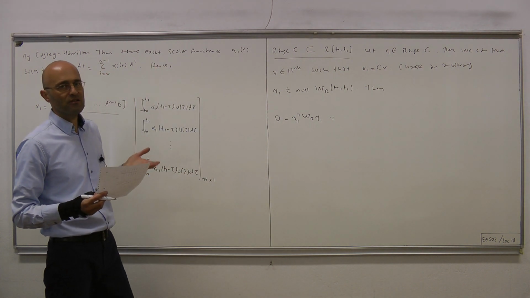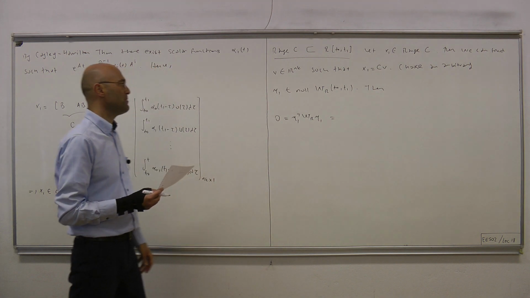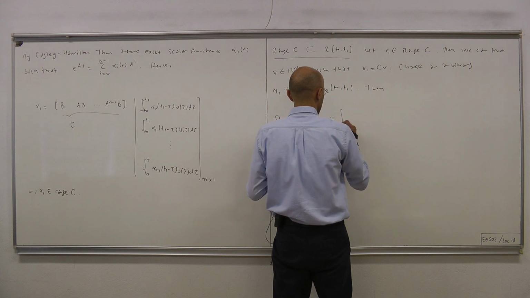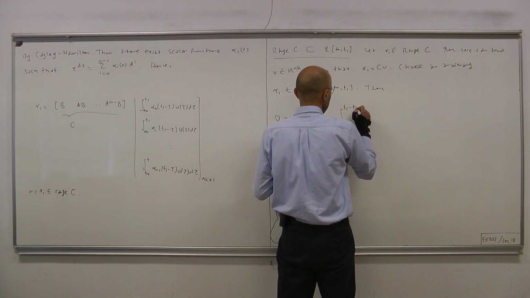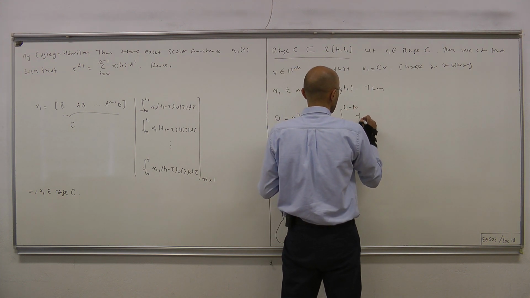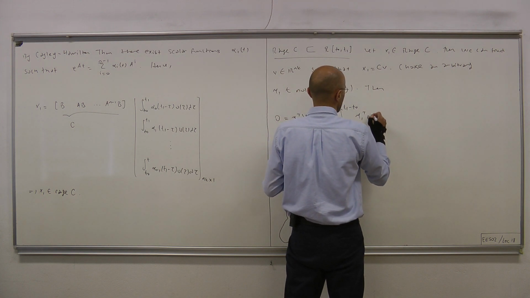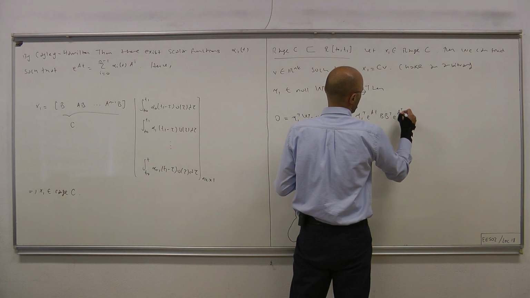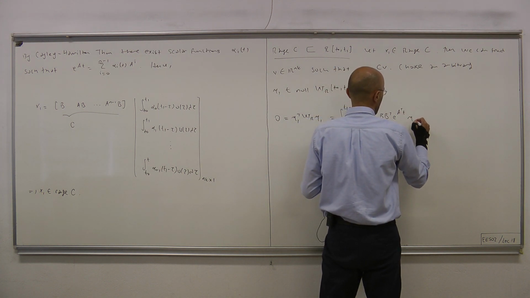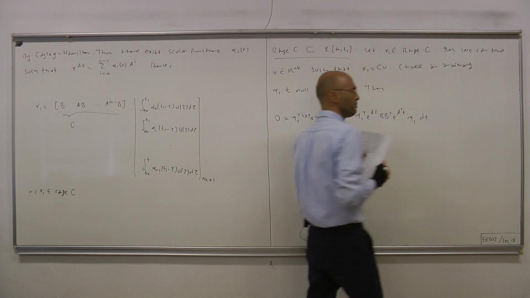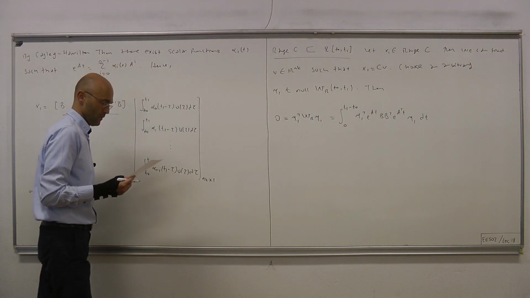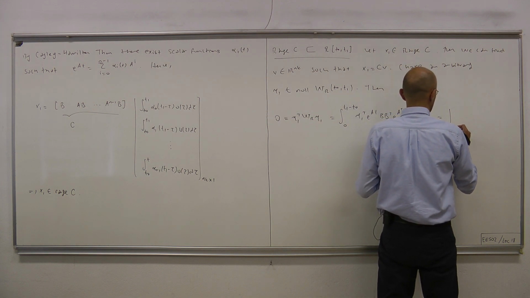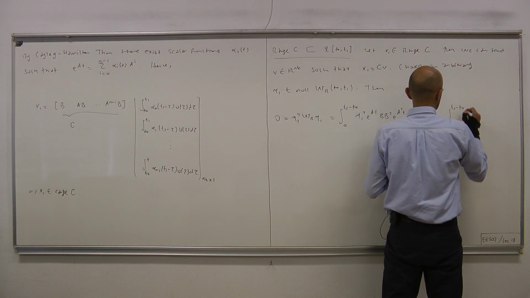Since eta 1 is a constant vector, we can squeeze them inside the integration, and we can write the following: the integral of eta 1 transpose e^(At) B B transpose e^(A transpose t) eta 1 dt, from 0 to t1 minus t0.